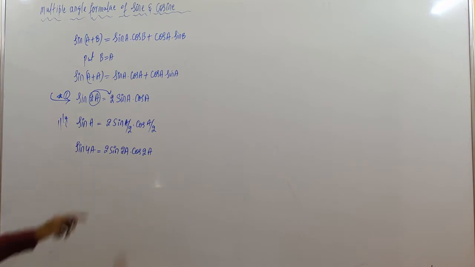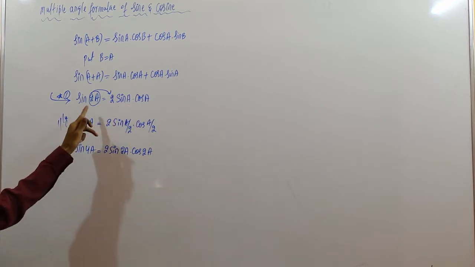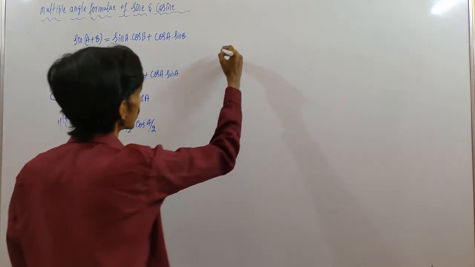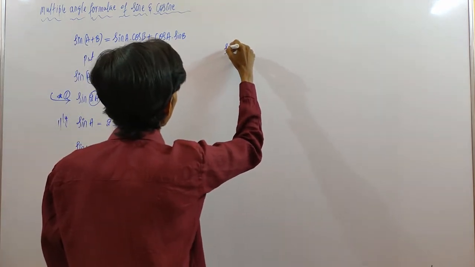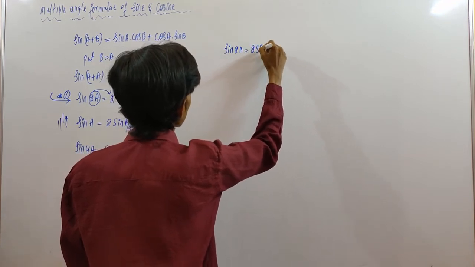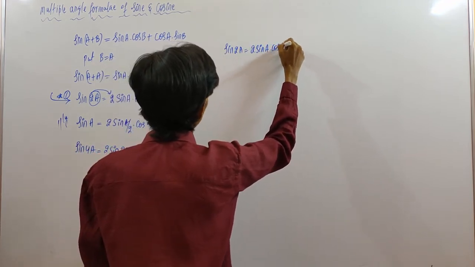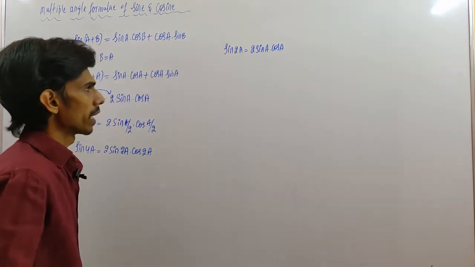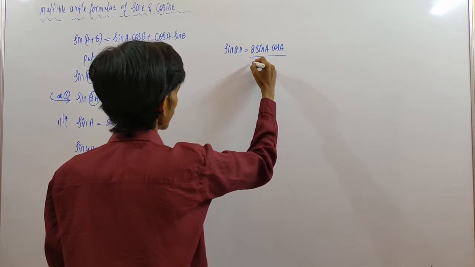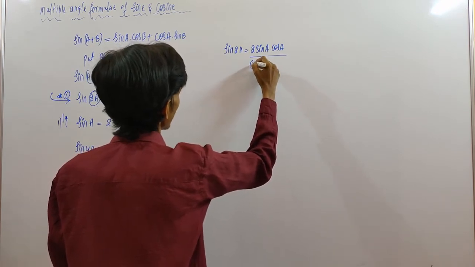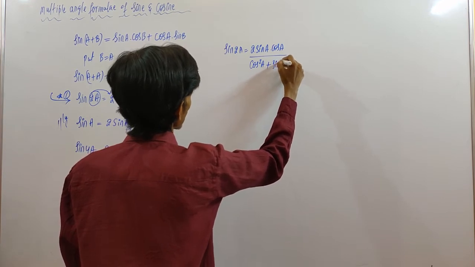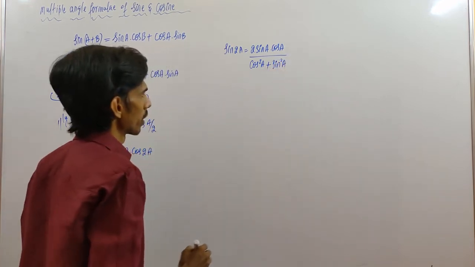Now, if we want sin 2A in terms of tan, we take the sin 2A value we got as 2 sin A cos A. Divide by the identity, sin square theta plus cos square theta is 1, that is cos square A plus sin square A, whose value is 1.